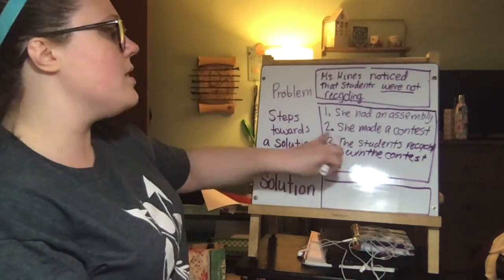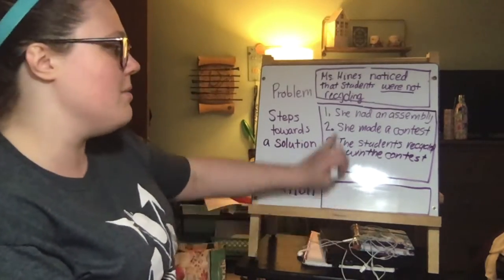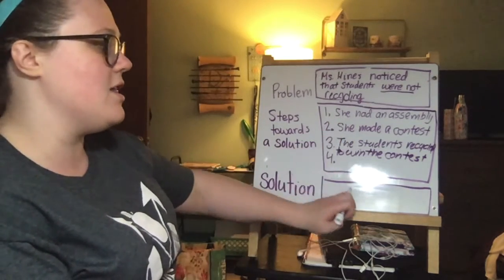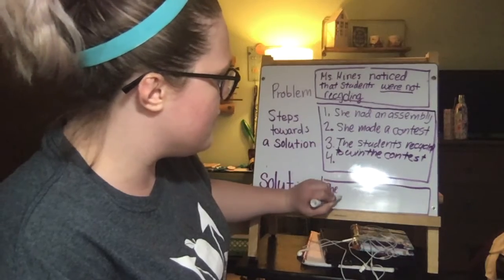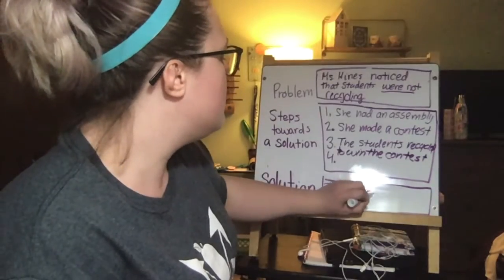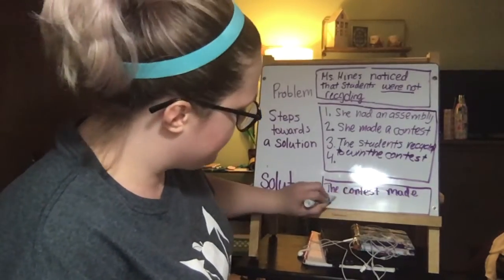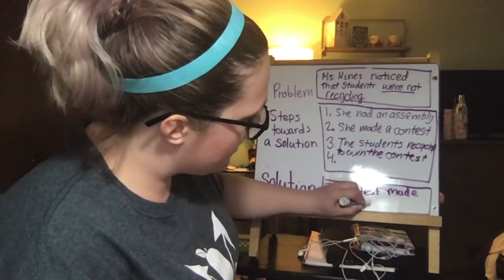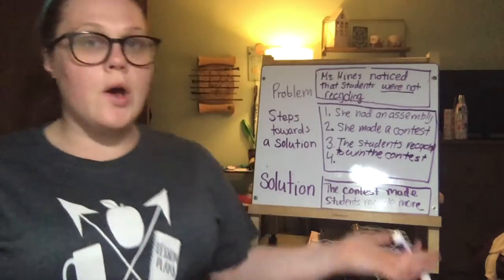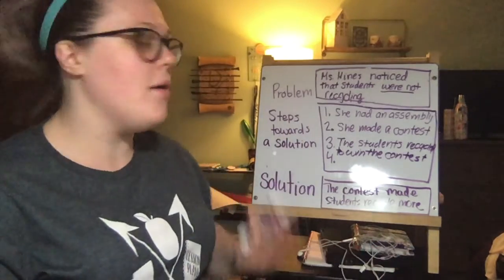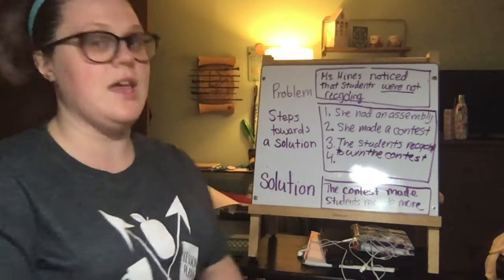These aren't always going to be different events, but these are going to be the steps that she takes to find a solution. So the contest made students recycle more. So that is how we would map out problem and solution for the story, The Recycling Contest.